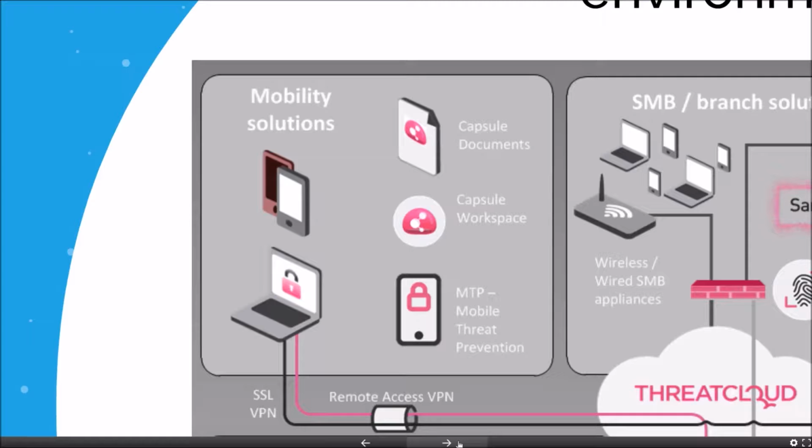We can also provide a secure container called Capsule Workspace that allows your users to connect into corporate resources like email or internal websites while using their mobile device, either again through a BYOD or through a managed strategy within your organization.